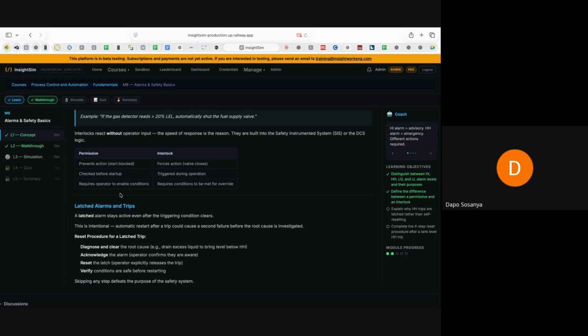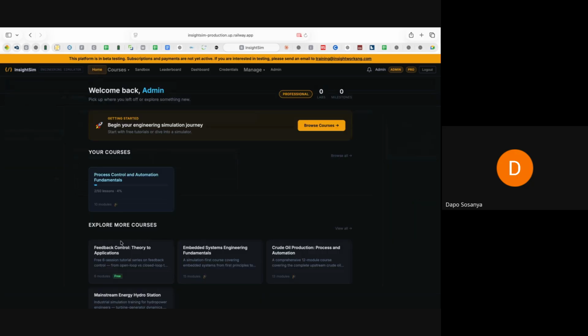I'll quickly illustrate that now. Now, the interlock requires conditions to be met for override. So the conditions that caused the interlock must return back to normalcy as we define it in order to have an override. Let me quickly show you.